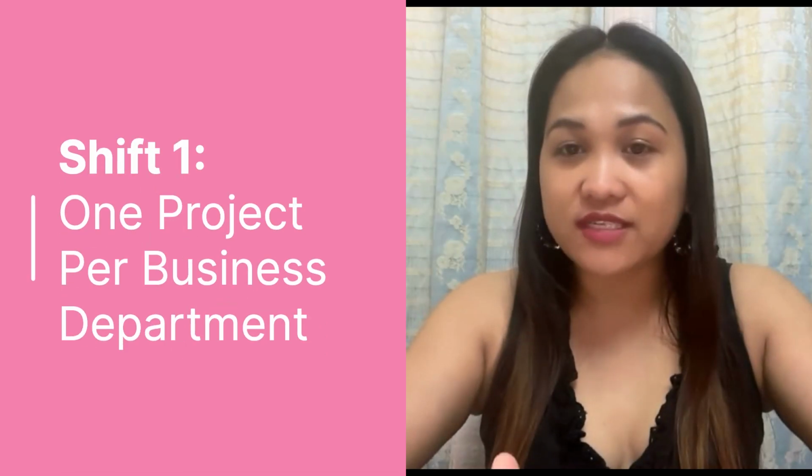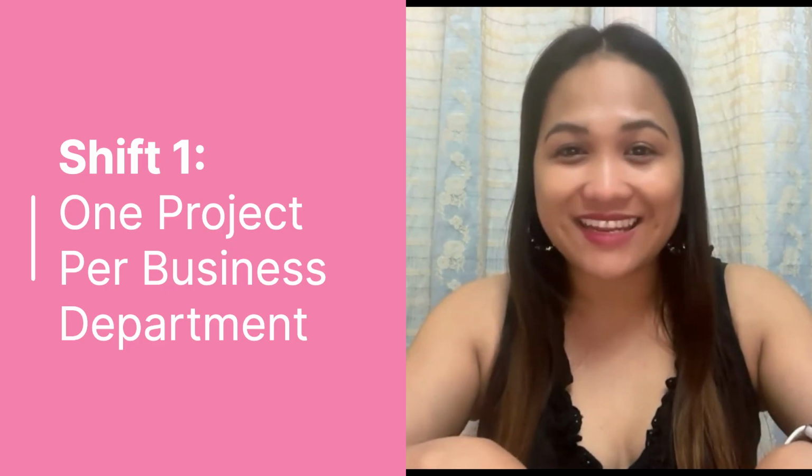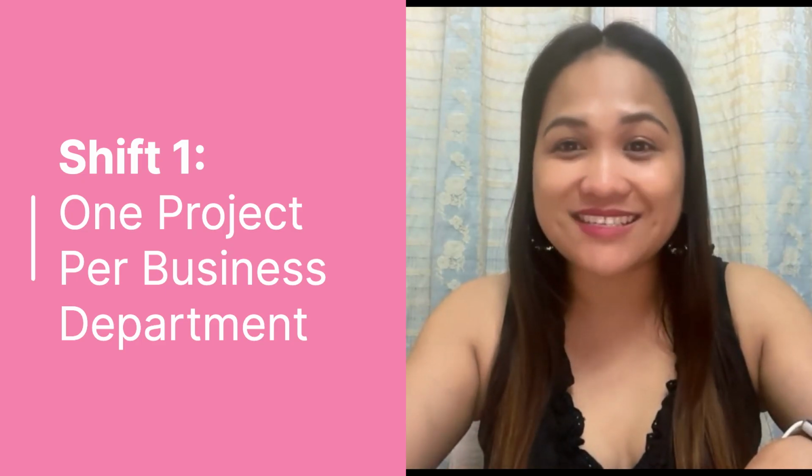So shift number 1 is this: build one dedicated Cowork project per business department. If you're a solo operator like me, which I think most of you are, your departments could be client delivery, content production, sales and outreach, operations, and strategy. That means 5 different projects.